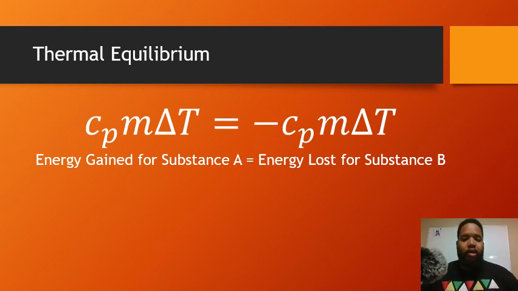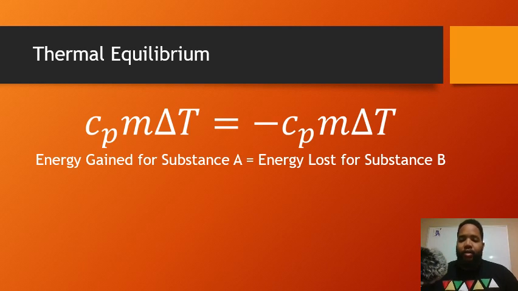Now, the way you can tell which side of the equation you're going to be on is the one that's heating up usually starts off at the lower temperature. That one is heating up, and that one will be on the left side of the equation, the energy gained for a substance. Whereas the other side, the hotter object, is the one that's losing the energy.